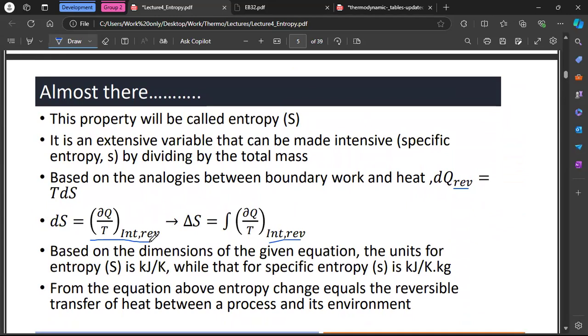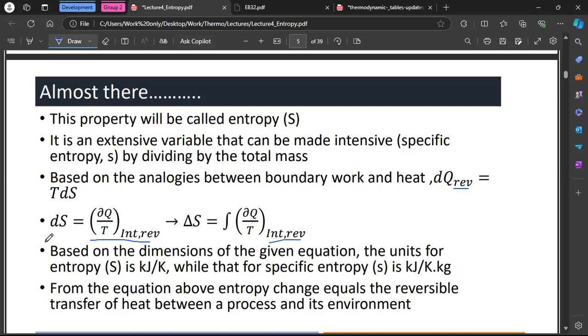But when we say something is internally reversible, what we are saying is that it is reversible, but the only thing we are considering reversible is the system itself. For reversible situations, something can be reversible where we are considering both the system and the surroundings together. Or when we say it is internally reversible, then we are considering just the system. Is that okay?